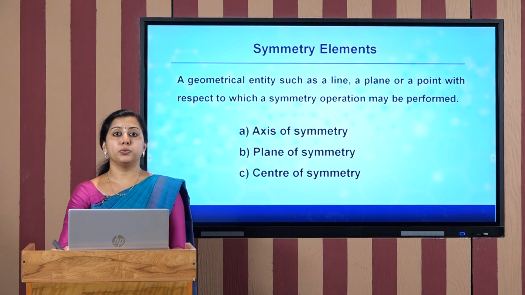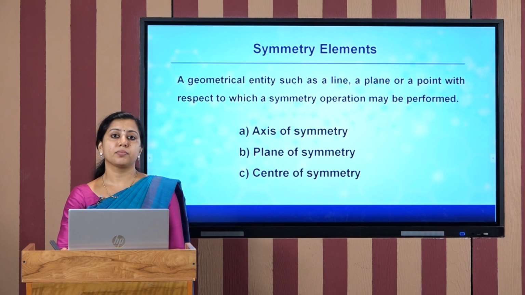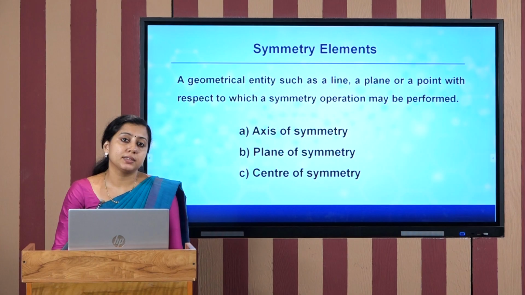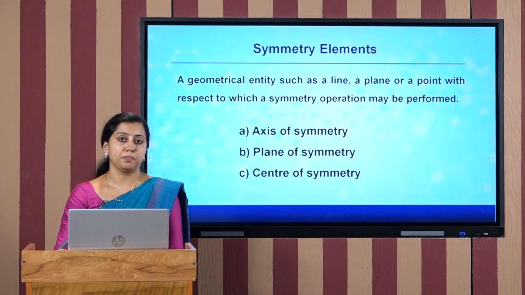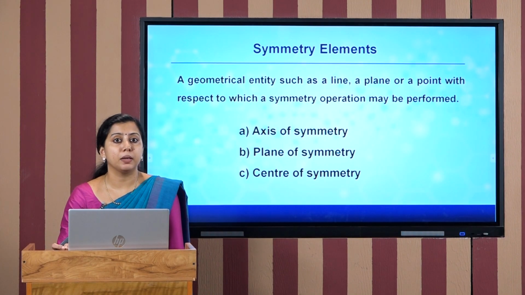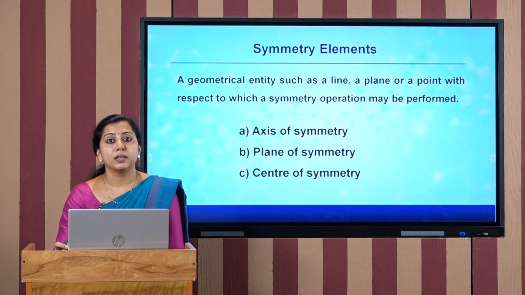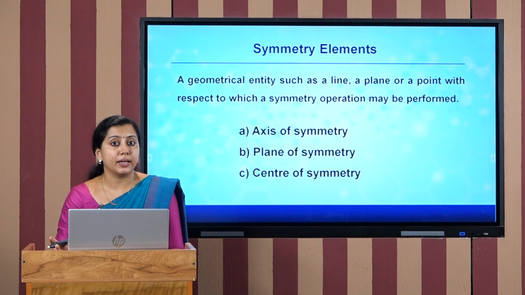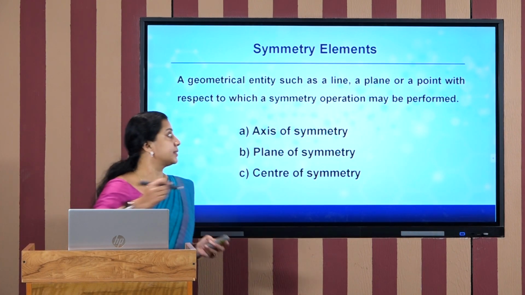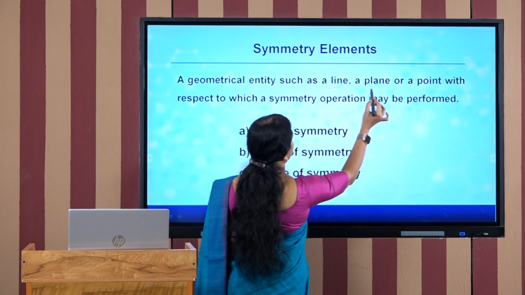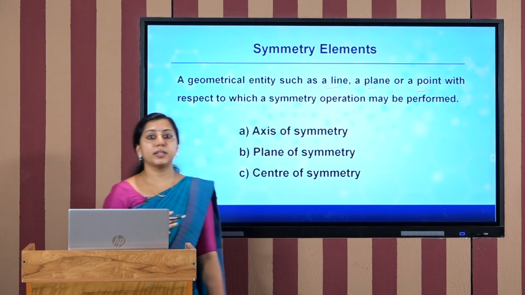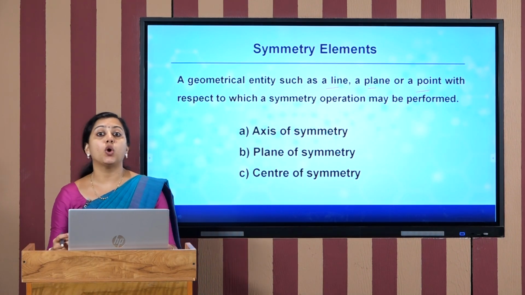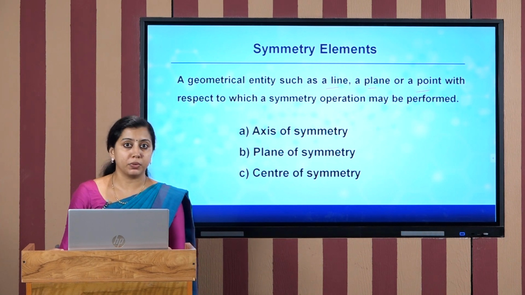Now, we will move on to today's session. In the previous classes, we have seen the symmetry elements present in a crystal. And what is a symmetry element? It is any geometrical entity such as a line, a plane or a point with respect to which a symmetry operation may be performed.